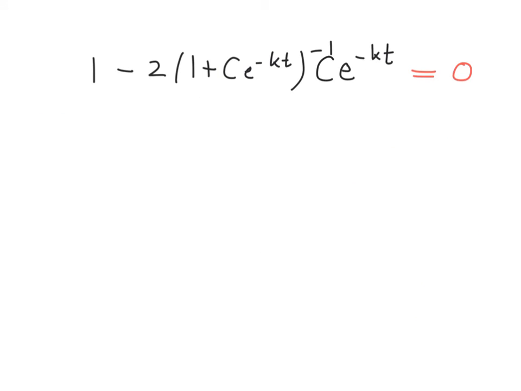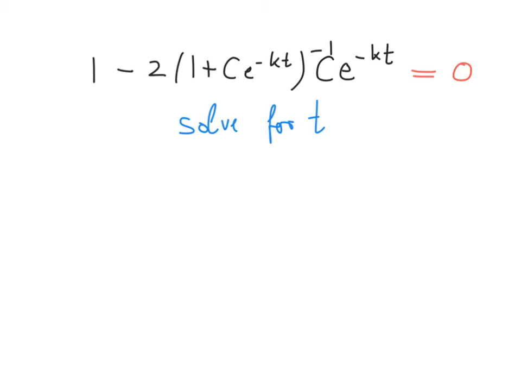So I've copied this expression over, and I've already set it to 0 because that's what we want to do. And we want to solve this for t. That's quite a challenge, but it's a good one. So if you can do it, you never have to worry about your algebra and exponential functions and so on again. So let's do it.